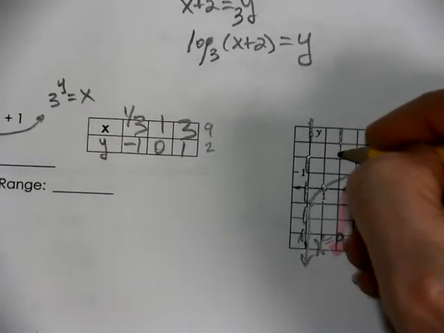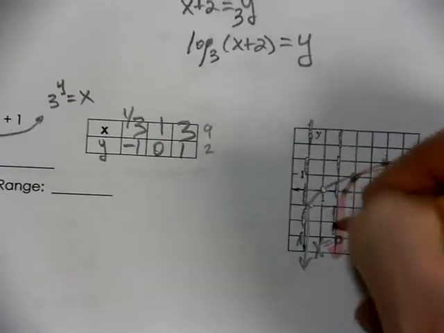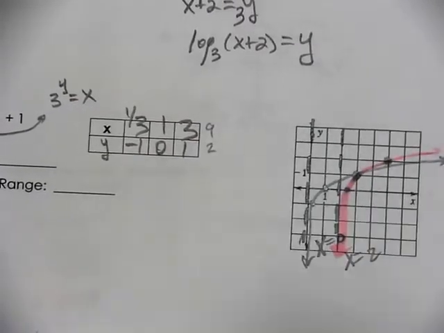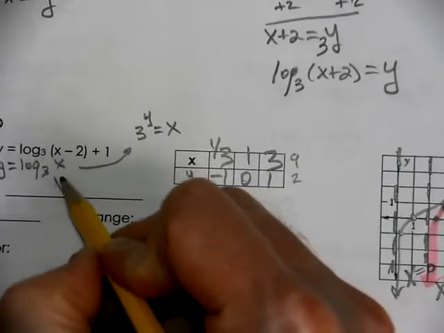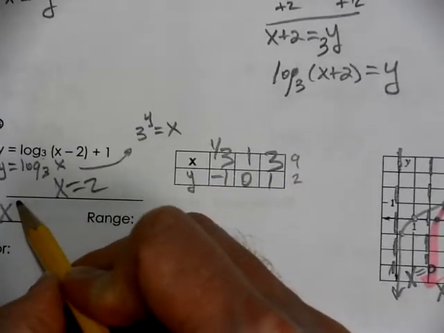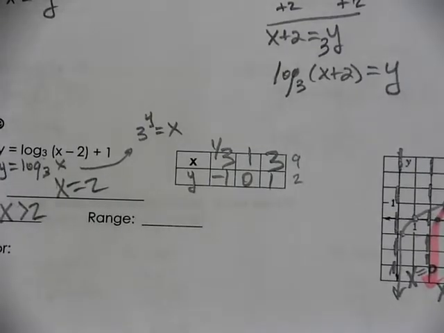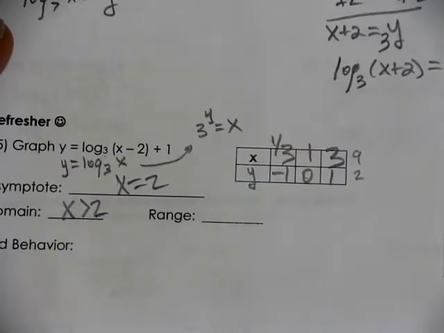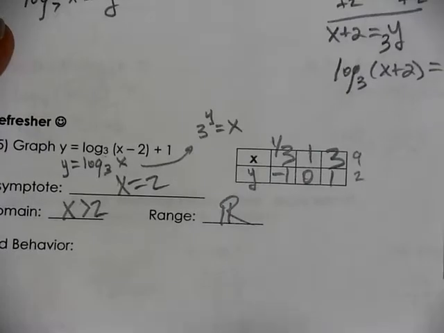So that would be an asymptote at your h value. So the asymptote is x equals 2. The domain is every value greater than your h value. And your range is all real numbers.